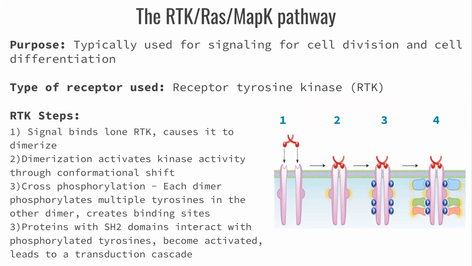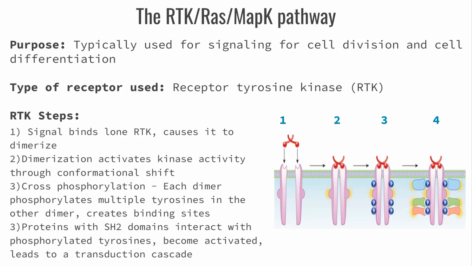So the steps to how an RTK receptor works: number one, the signal binds the lone RTKs, which causes them to dimerize, and this dimerization activates the RTK's kinase activity through a conformational shift. Because both RTKs in the dimer are now activated as a kinase, they can cross-phosphorylate each other.